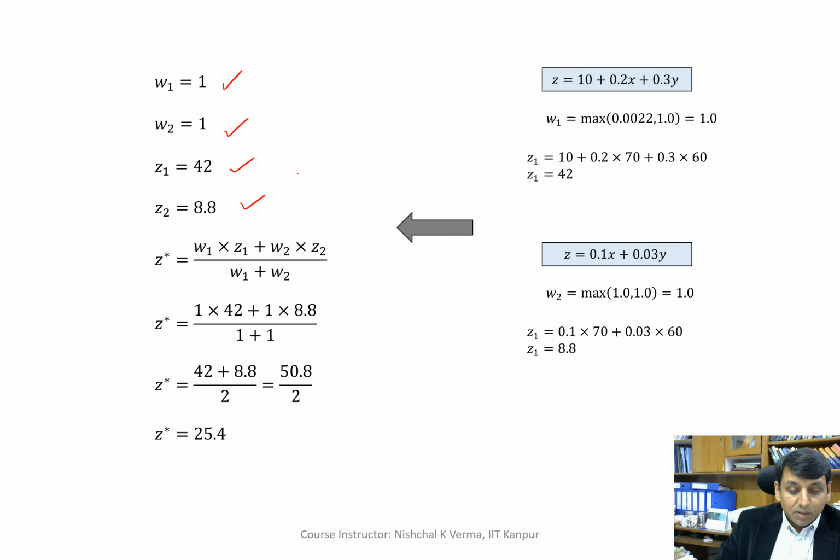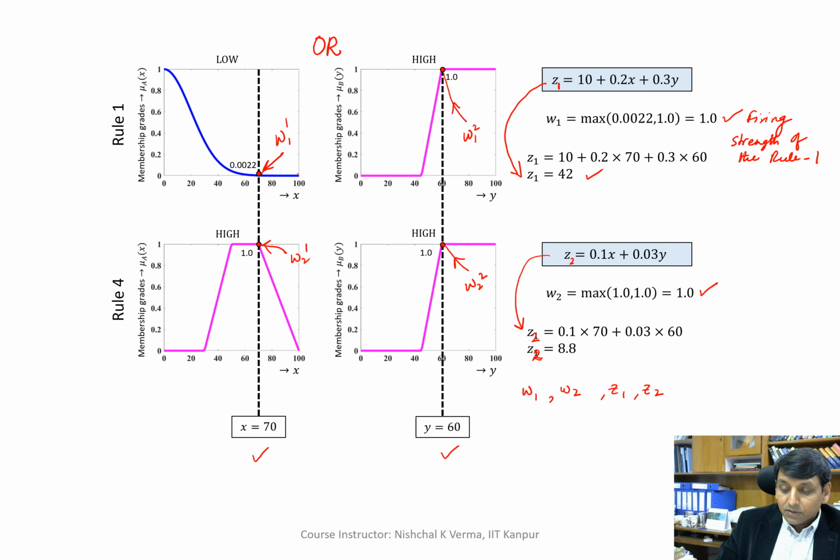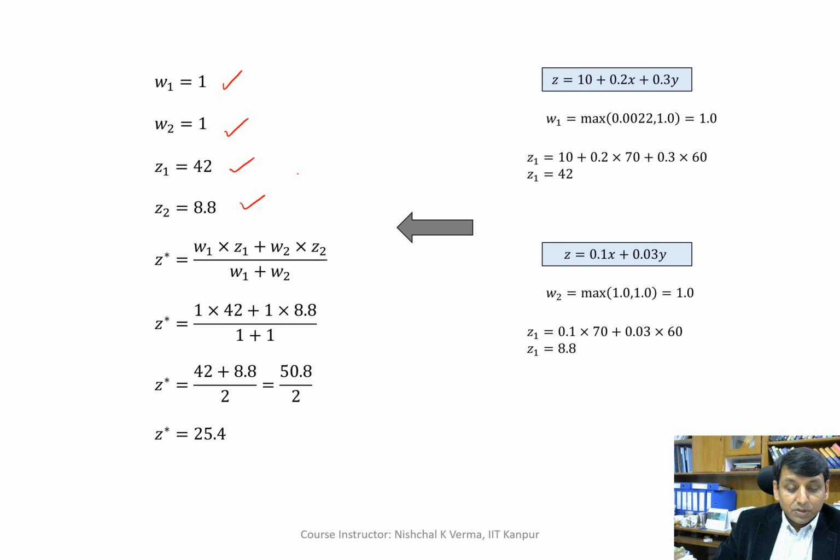W1 is equal to 1, W2 is equal to 1, Z1 is equal to 42, Z2 is equal to 8.8, and when we take the weighted average, we get 25.4.